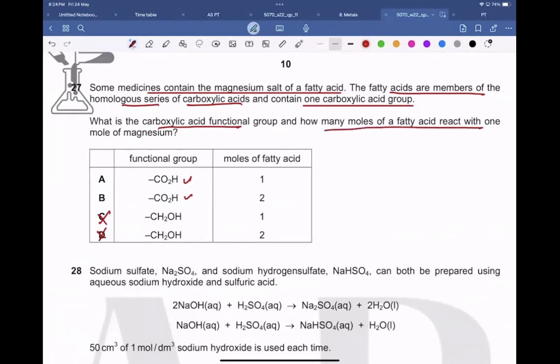Magnesium has a 2+ charge, and the carboxylic acid releases only 1. So when the two join, it is going to be like this. So 2 moles of fatty acid are needed with 1 mole of magnesium. So A goes wrong and B is our correct answer.